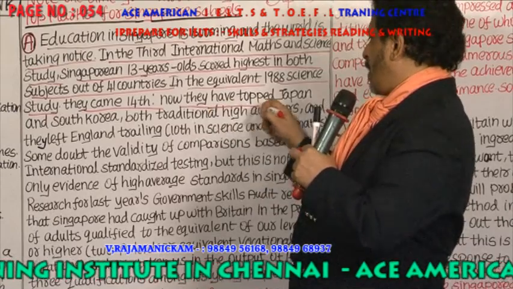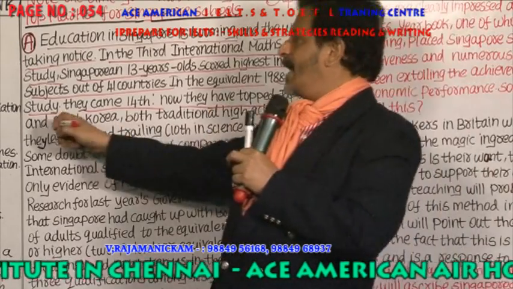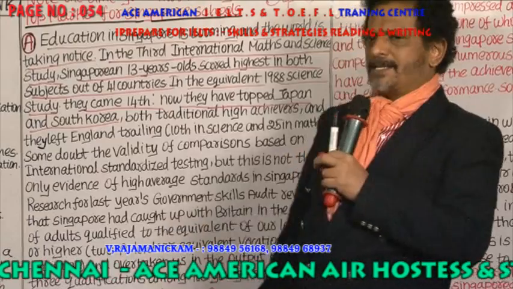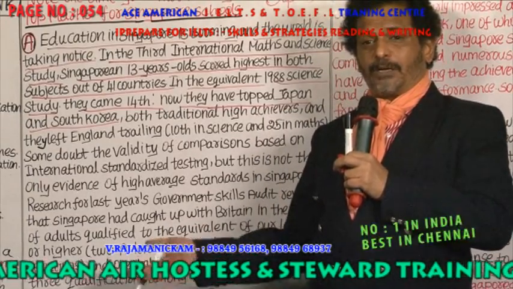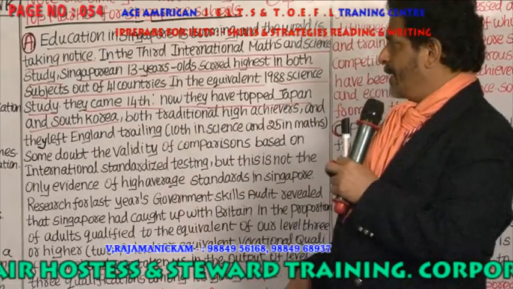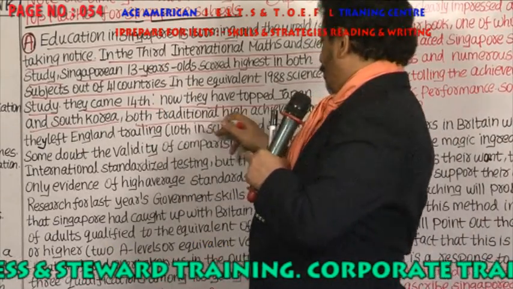Now they have topped Japan and South Korea. Usually Japan and South Korea are considered good in the educational scenario, but Singapore was able to cross Japan and South Korea, both traditionally high achievers.